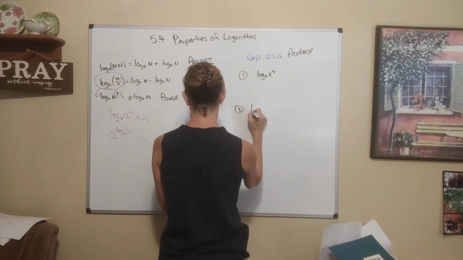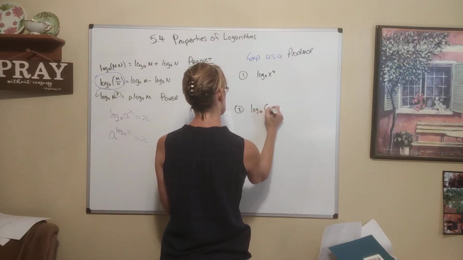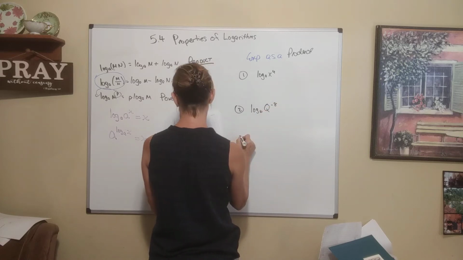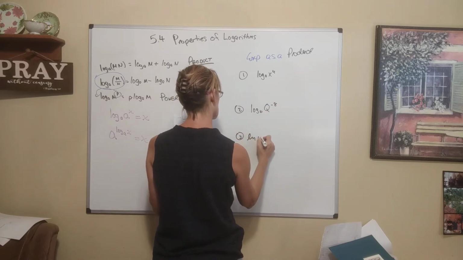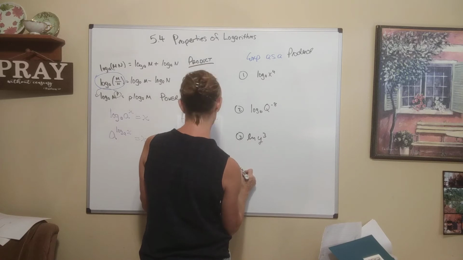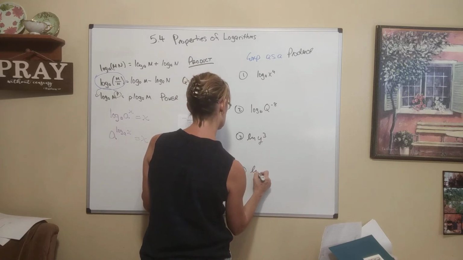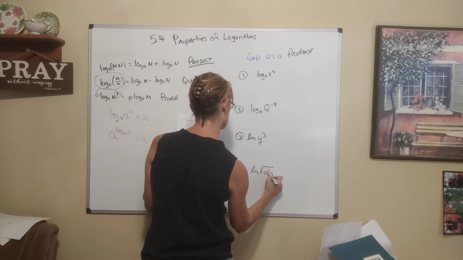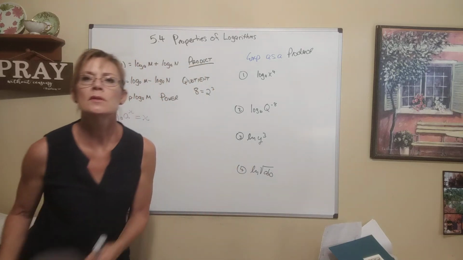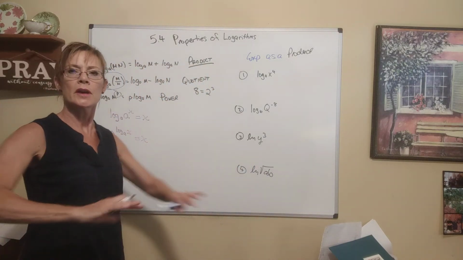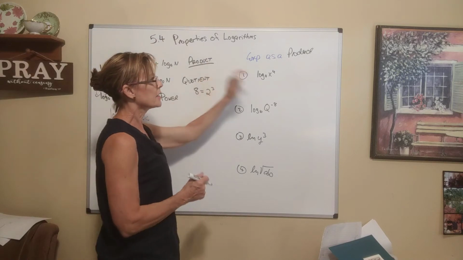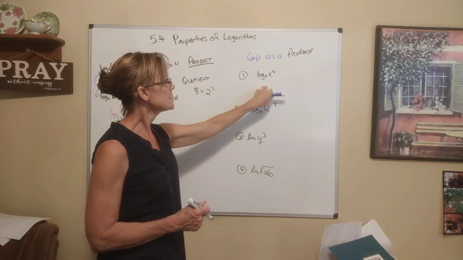Log base b of q to the negative 8. The natural log of y to the 3rd. And the natural log of the square root of a times b. After this one, we'll stop this video so that we'll cut it up into 2 videos. So right here, express as a product.